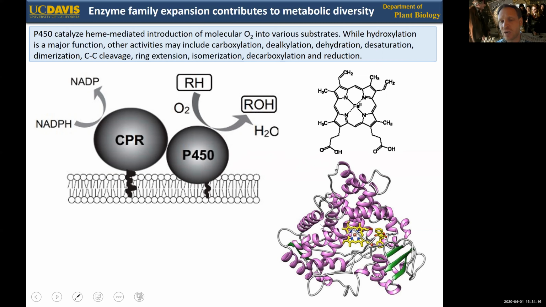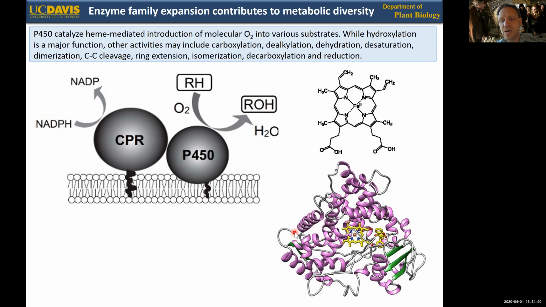And so probably the most widely distributed enzyme class, which literally is involved in the production of every specialized metabolite class, is the cytochrome P450s. These are heme-containing proteins that can catalyze a vast variety of different modifications. Primarily, they catalyze hydroxylations and other oxygenations, but they can also catalyze dealkylations, dehydrations, desaturations, and so forth.